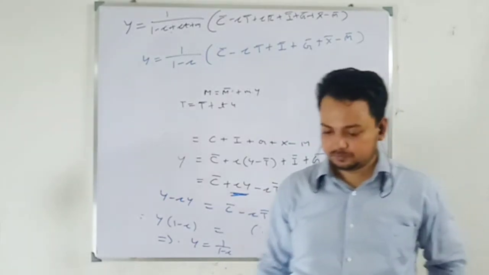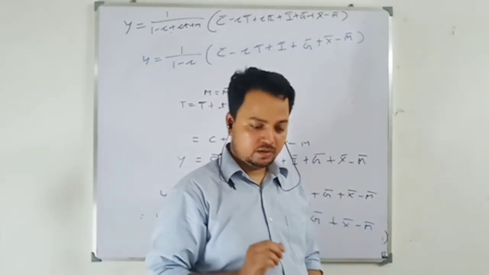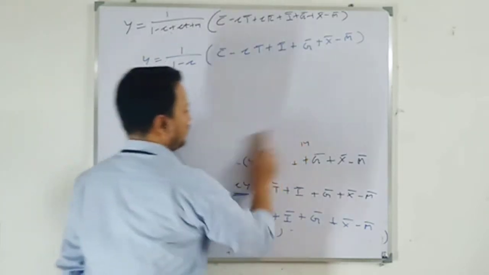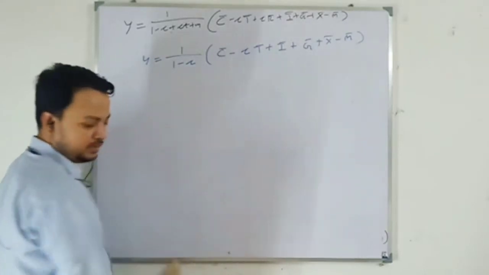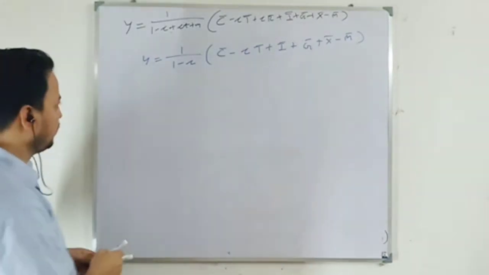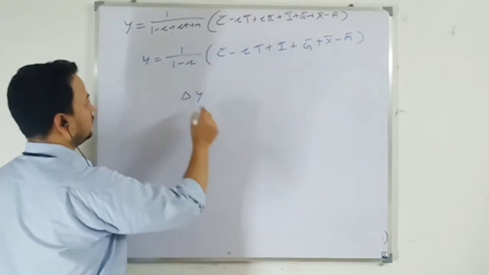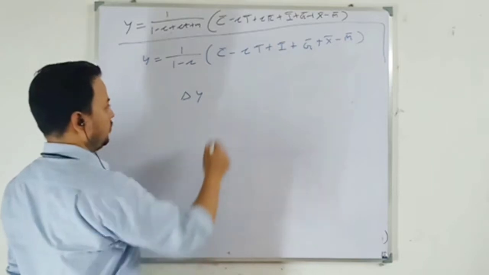Increase in income due to increase in government spending is calculated by the following equation, and you have written this. Change in y, you have to start from here. Why I am saying this, you will know.